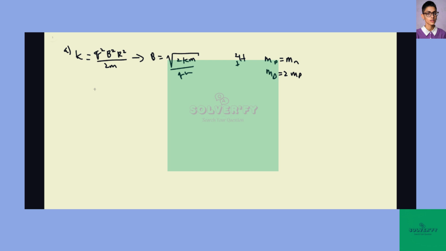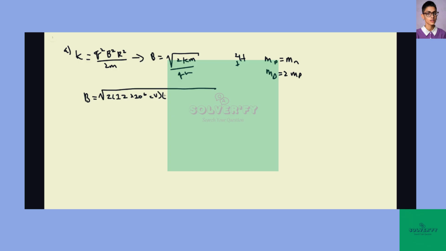So B is equal to the square root of 2 times the maximum kinetic energy we want to reach, which is 12 times 10 to the 6th electron volts, so 12 mega electron volts. Then we want to convert this to joules because our mass units and radius units are all in SI.